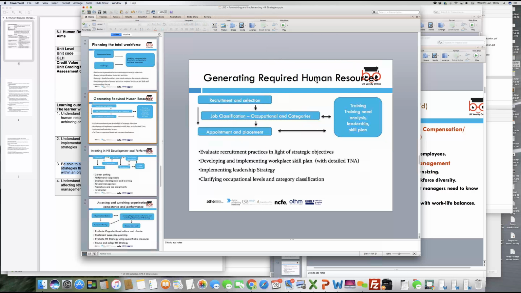They will also look at generating specific objectives which will be fulfilled if they implement this particular plan. That means if they are increasing the wage and taking on more people, then they have to go through the process of recruitment and selection. In some cases, they might have to train existing employees because they have a skills gap, and they might not want to fire those employees.